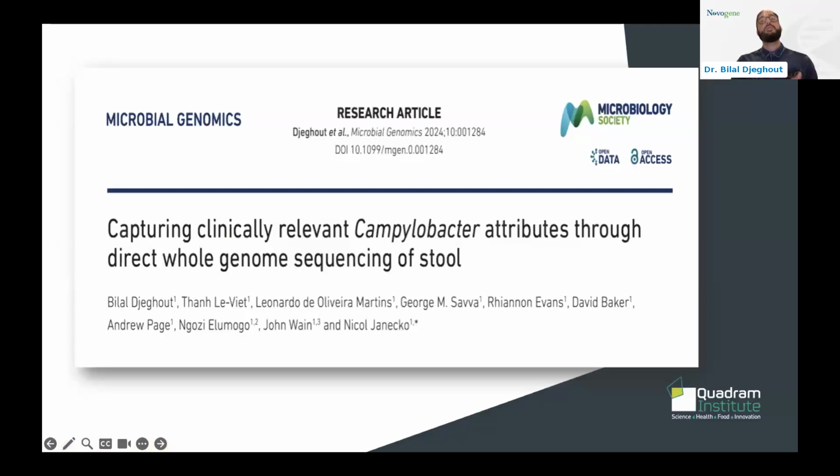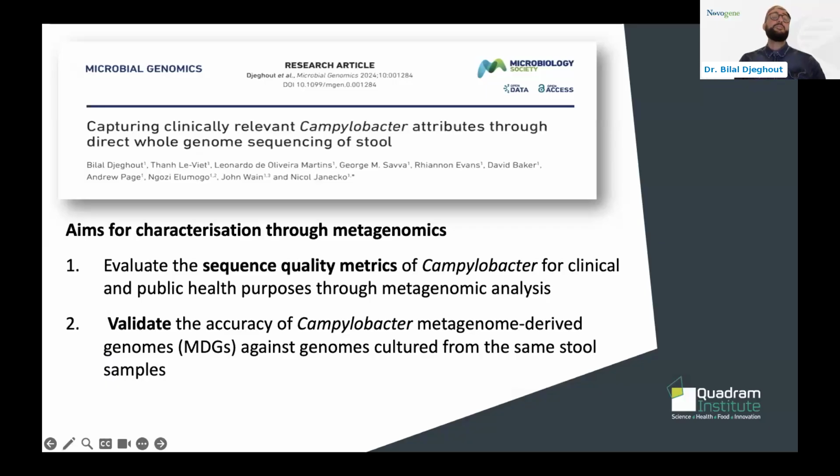So in the rest of this presentation, I will walk you through our published study. We assessed metagenomic approaches for Campylobacter diagnostics using short-read sequencing services from Novogene Europe. In this study, first, we aimed to evaluate the sequence quality metrics of Campylobacter using metagenomic analysis, focusing on its implications for both clinical and public health purposes.